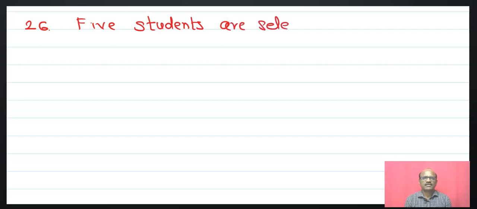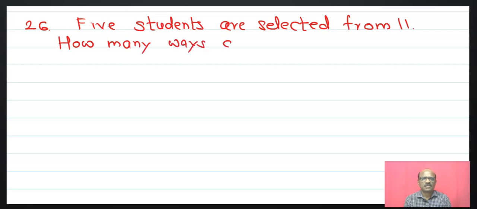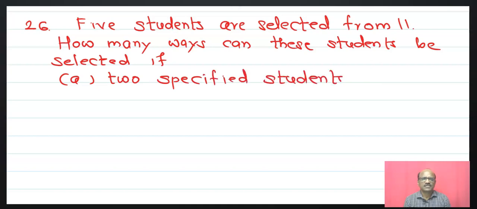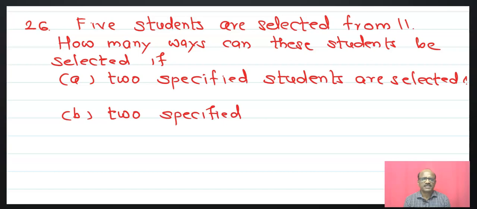5 students are selected from 11. How many ways can these students be selected if first, two specified students are selected, and second, two specified students are not selected.